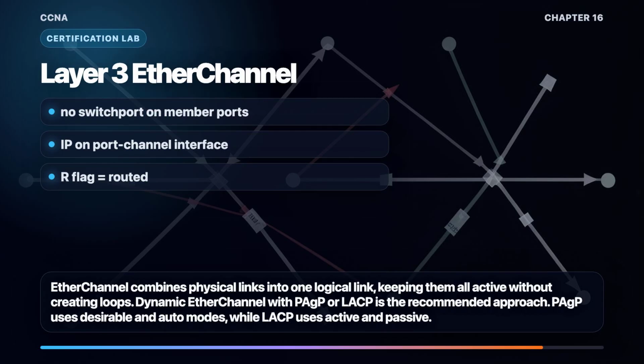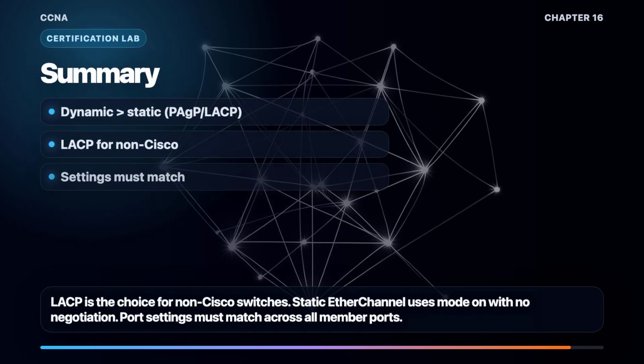EtherChannel combines physical links into one logical link, keeping them all active without creating loops. Dynamic EtherChannel with PAgP or LACP is the recommended approach. PAgP uses desirable and auto modes, while LACP uses active and passive. LACP is the choice for non-Cisco switches.